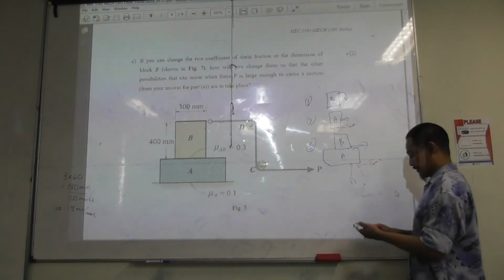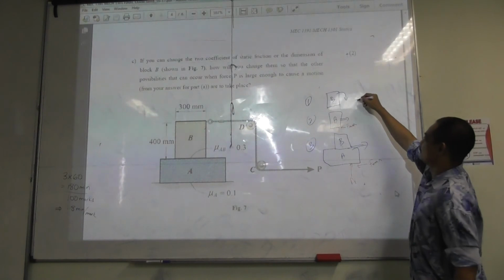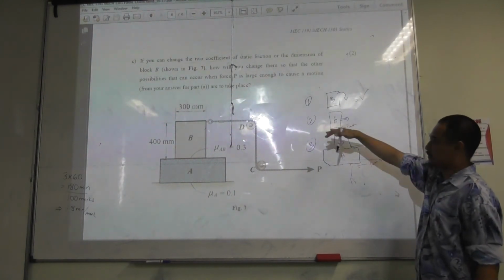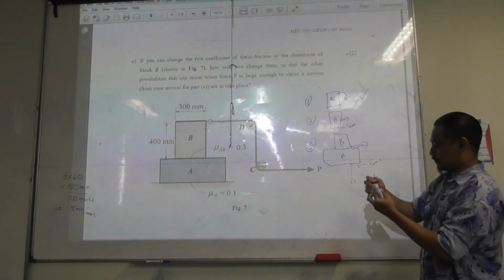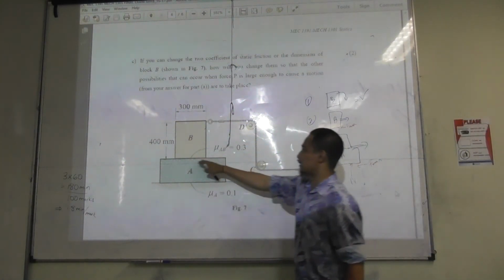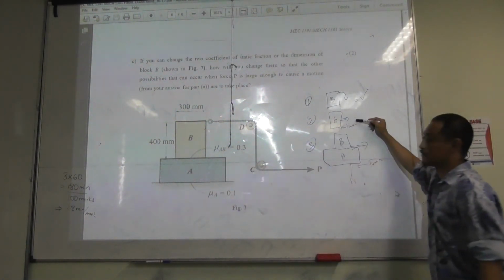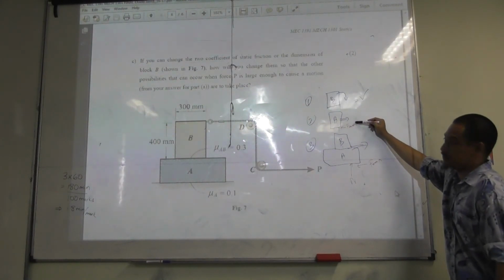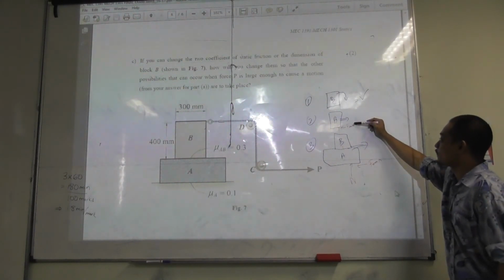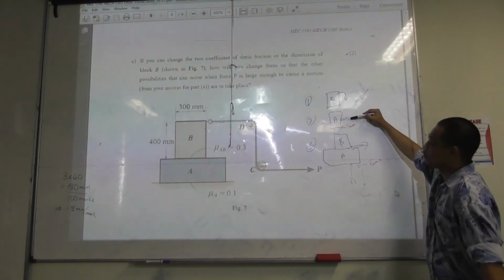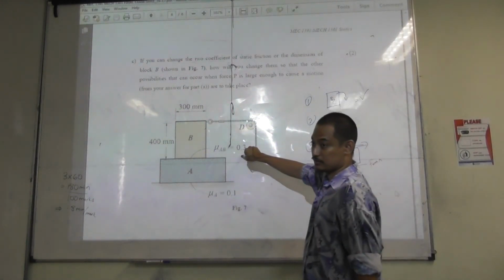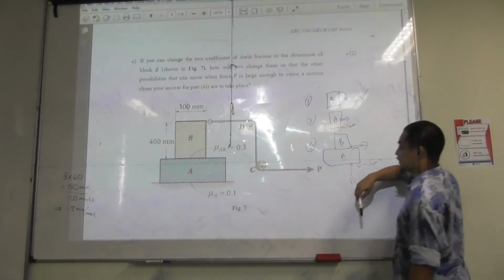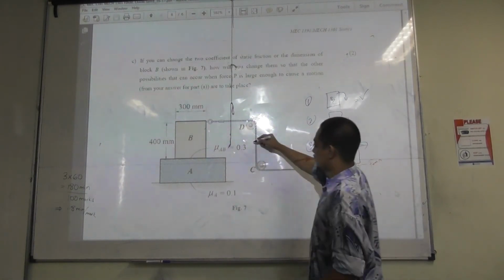For example, if this is the answer just now, meaning this is the smallest P, how will you change this or the size of this so that this will happen? From here to here. Reduce the coefficient of this one. Okay. You do this here.